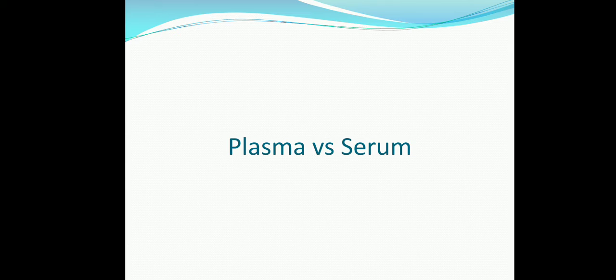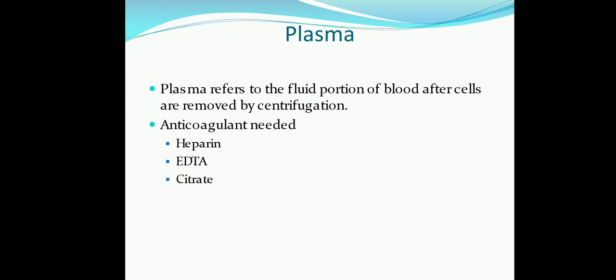Now we have plasma versus serum. Plasma refers to the fluid portion of blood after cells are removed by centrifugation. It requires an anticoagulant: heparin, EDTA, or citrate.